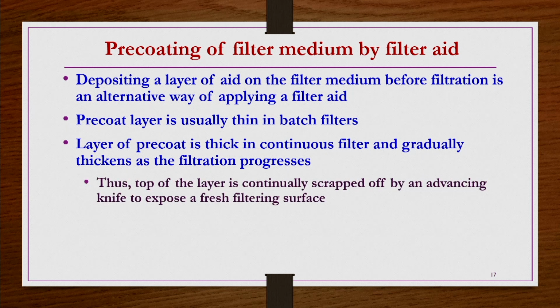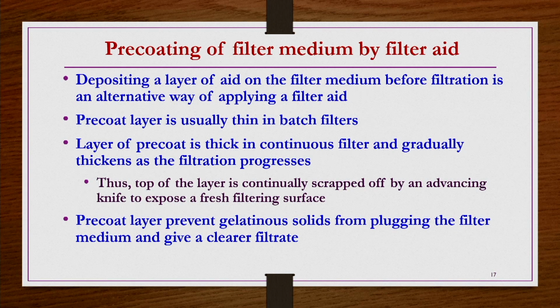However, the top of the layer is continually scraped off by an advancing knife to expose a fresh filtering surface in a continuous process, because in a continuous process you cannot afford to stop the process for clearing the cake. So you have an advancing knife to scrape off the solid cake formed on the filter medium, to expose a fresh filtering surface for further separation of slurry.